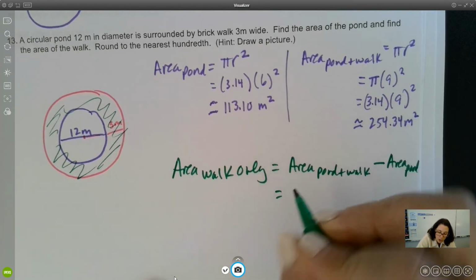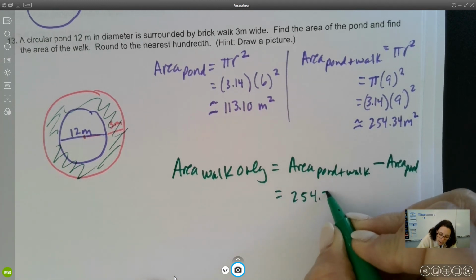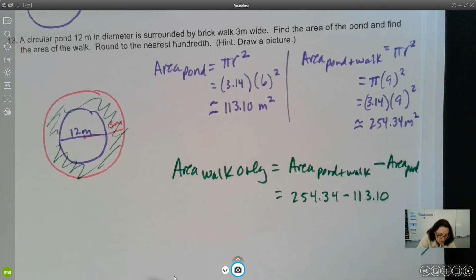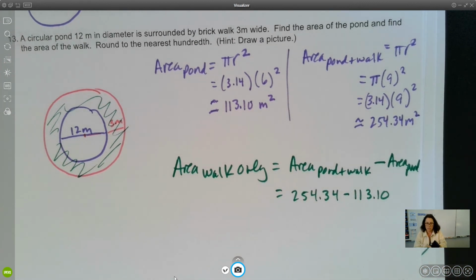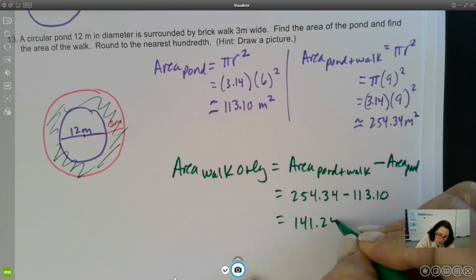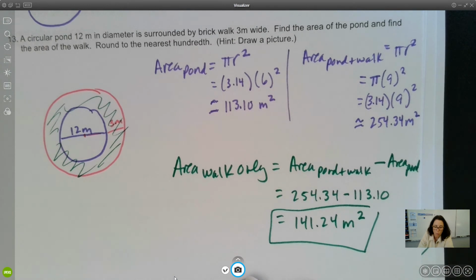And we already have them calculated here. 254.34 minus 113.10. Let me pop that in. 141.24. And we're in meters squared. So here's our answer for the walk.